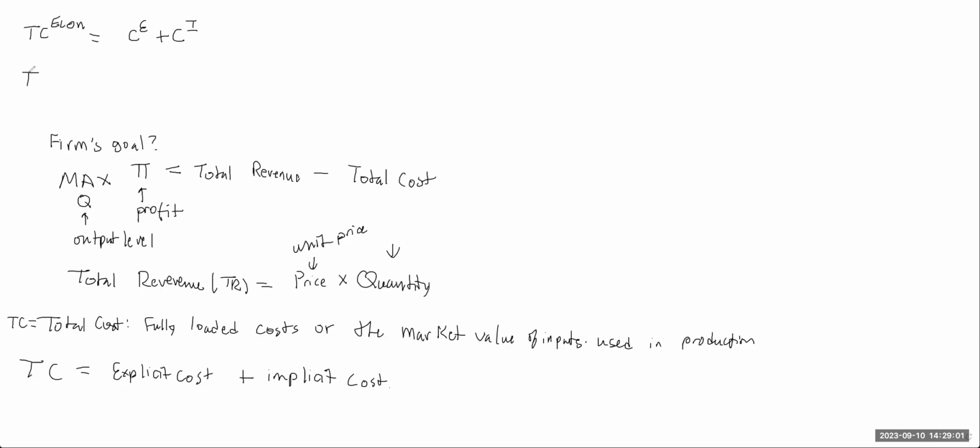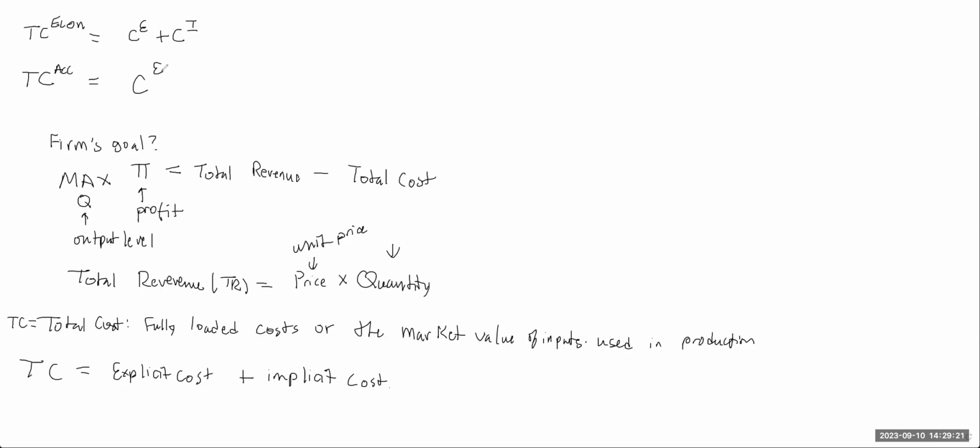But for accountants, they usually only consider explicit costs. There's a couple of examples like amortization and depreciation where they actually do consider implicit costs, but for the most part, they only consider explicit costs.